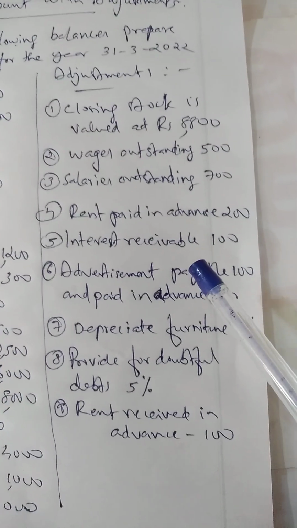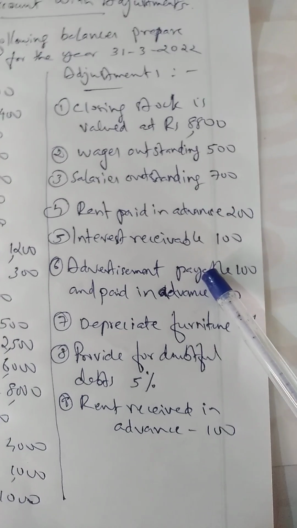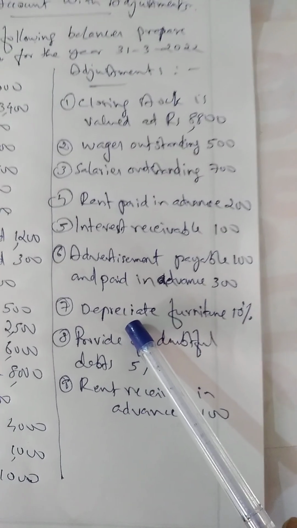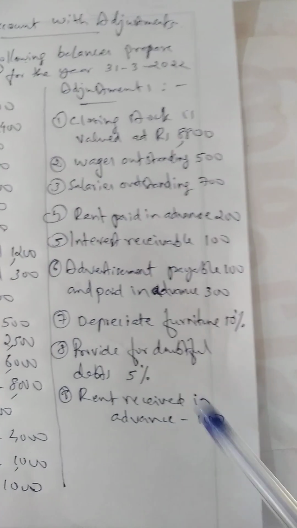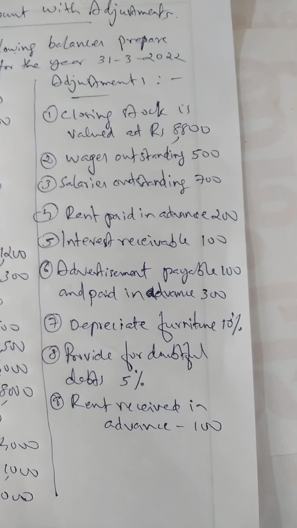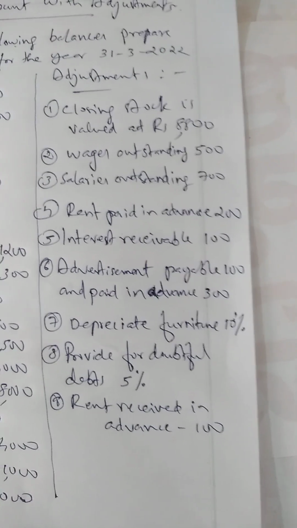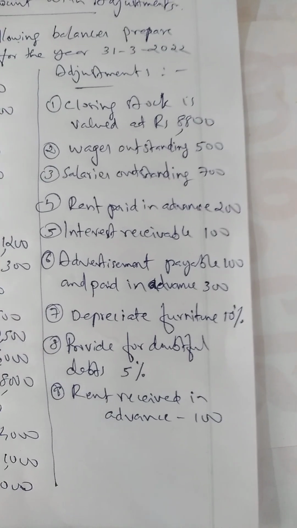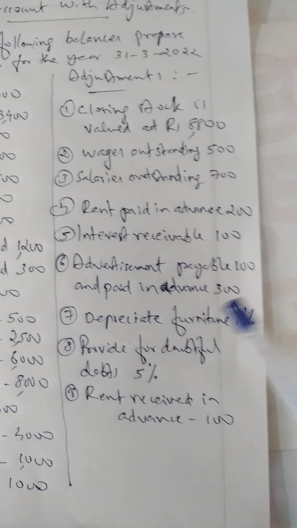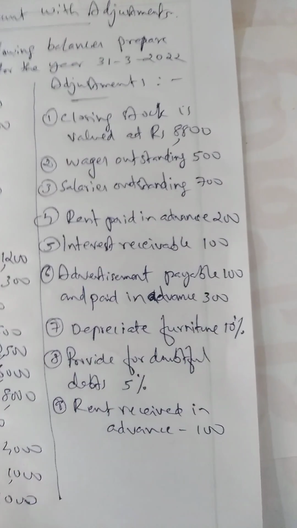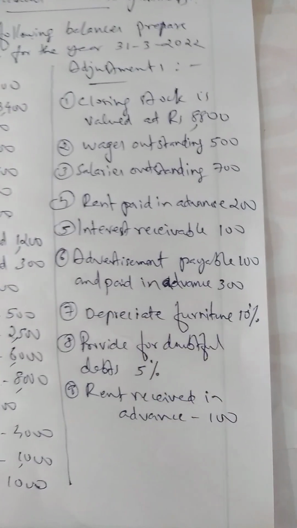Now, just remember these things. Then come to another item, depreciate furniture. Depreciation means the wear and tear or reduction in the value caused to fixed assets. Furniture is an asset used for several years. So, an asset used for several years is called a fixed asset.